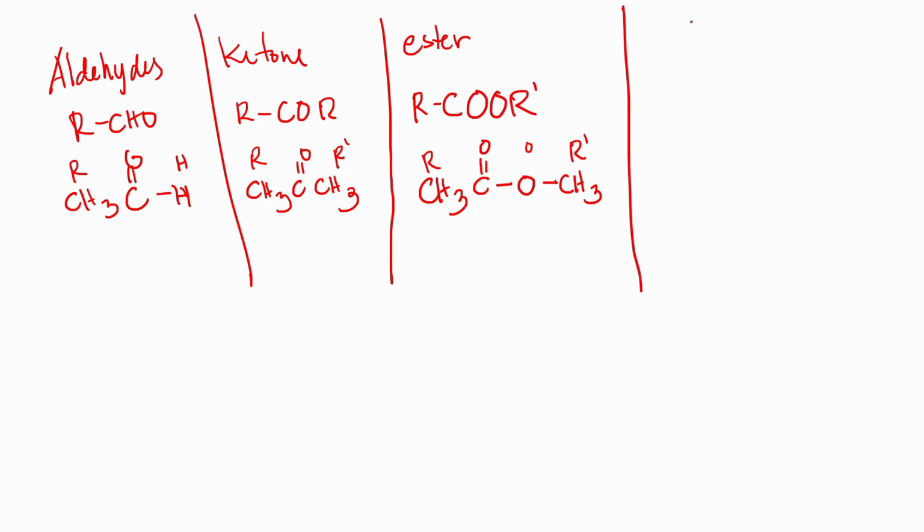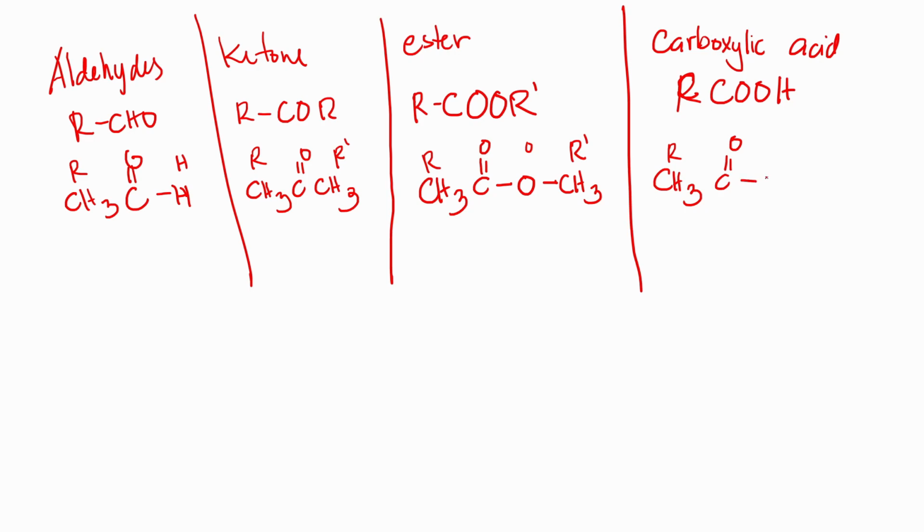Next, we have our carboxylic acid. Carboxylic acid is our R, COOH. R, C double bond O, OH.